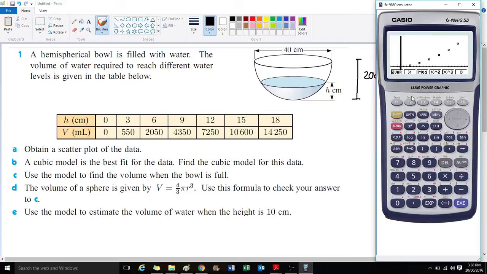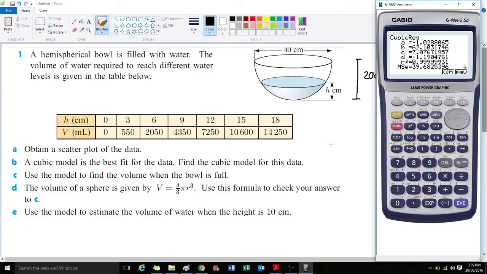So we can calculate x to the power of 3. That's the cubic model. Now, it is of the form ax to the power of 3 plus bx squared plus cx plus d, and we're given all those values, a, b, c and d. So what we need to do is write those down to 3 significant figures.